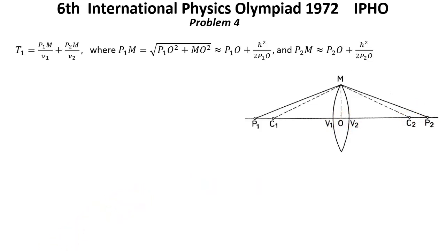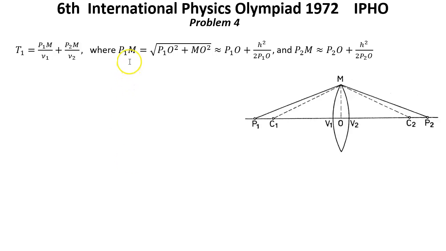We have T1 equal P1M over nu1 plus P2M over nu2, where nu1 and nu2 are the speeds of light in the represented mediums.